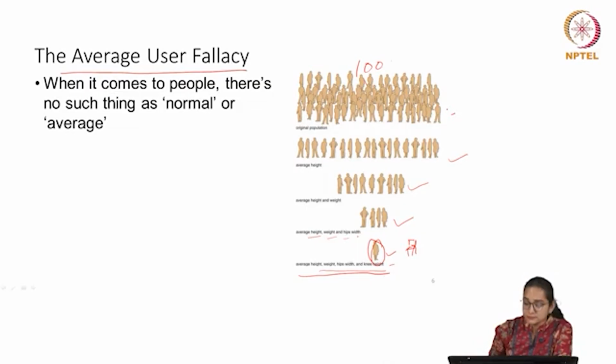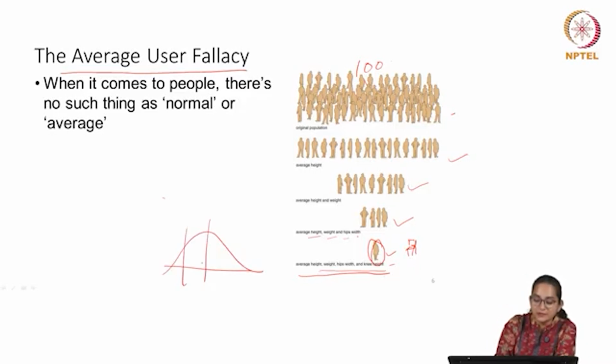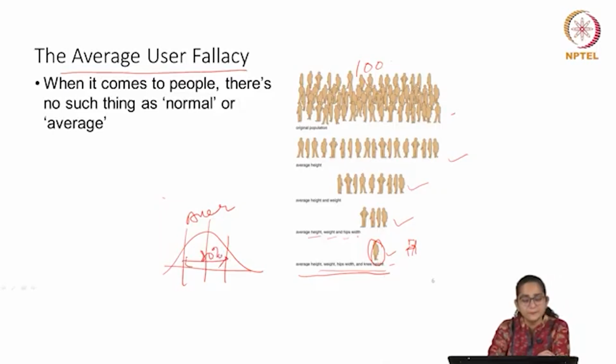So when we are designing, if we think about that normal curve again, we feel that if we design for the average, at least we will be able to serve the 80% people and only be leaving out the 20% people.